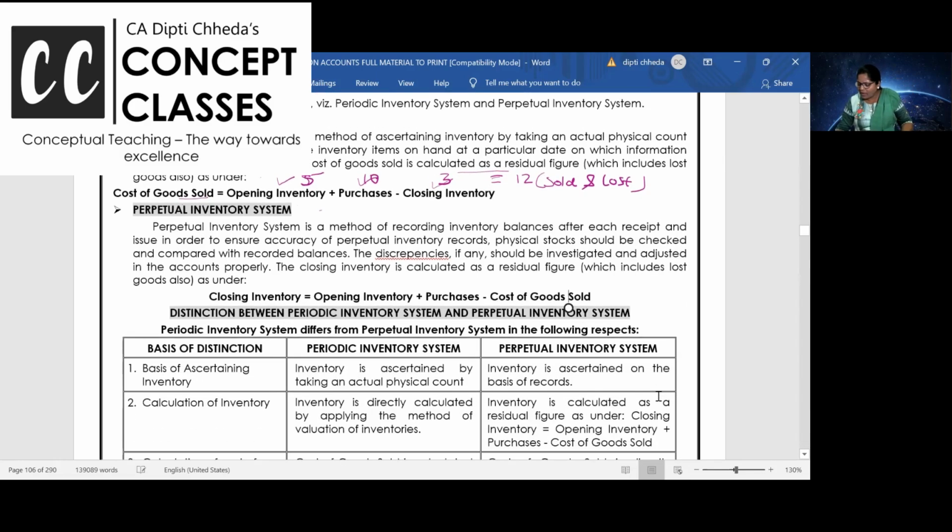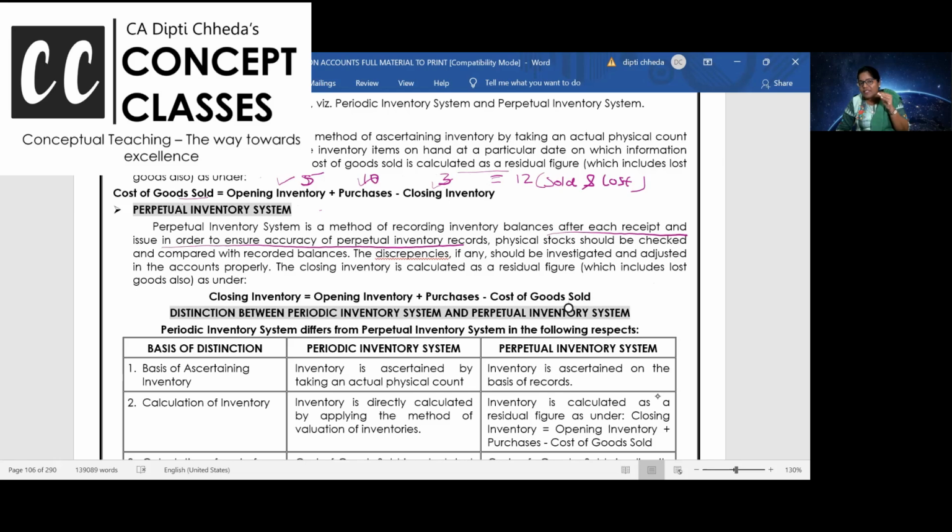Now, what is the perpetual inventory system? It is the method of recording inventory balance after each receipt and issue in order to ensure accuracy. Physical stock should be checked and compared. The discrepancies, if any, should be investigated and adjusted. Closing inventory is calculated. Underline this line: inventory is balanced after each receipt and issue.